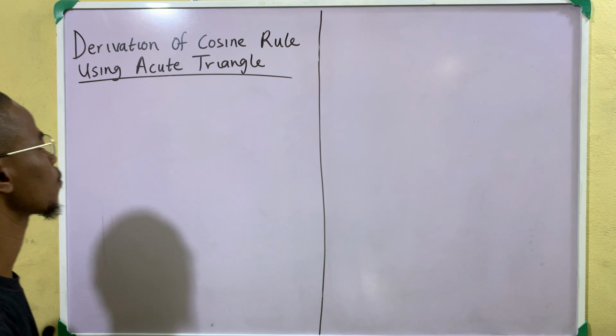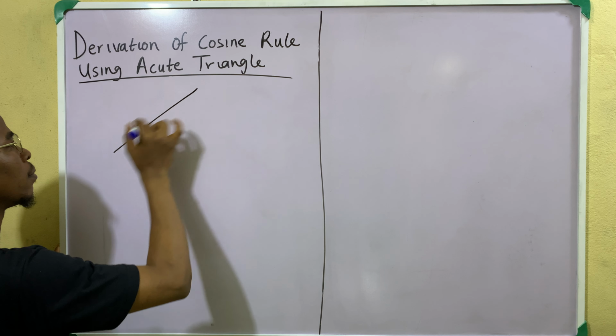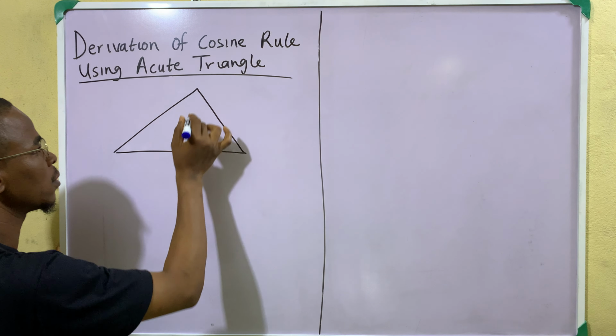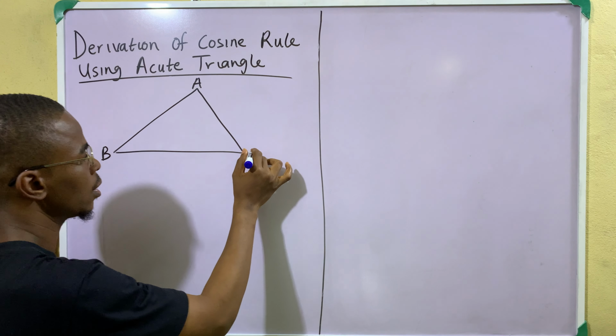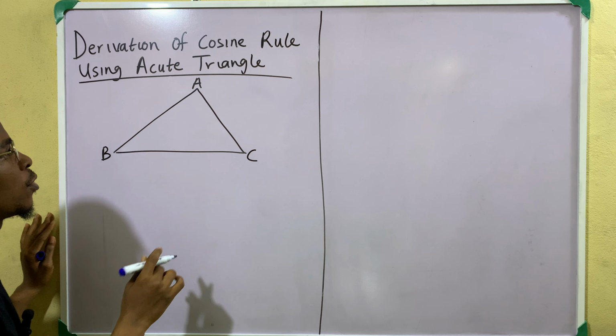So let's begin. Let's say we have an acute triangle in this form. Here is A, here is angle B, and C. This is an acute triangle.